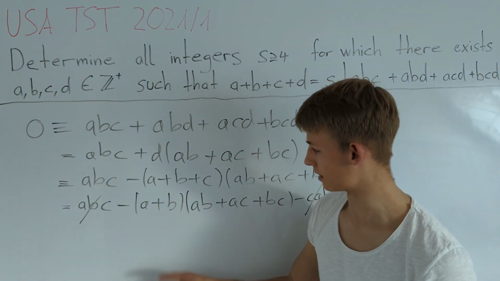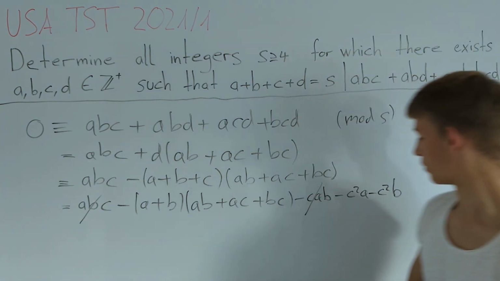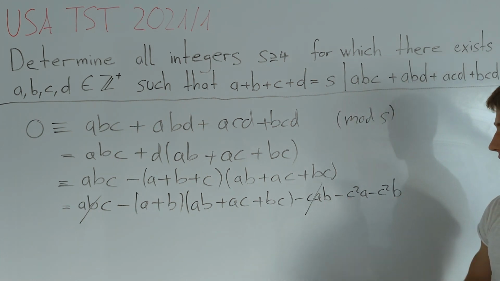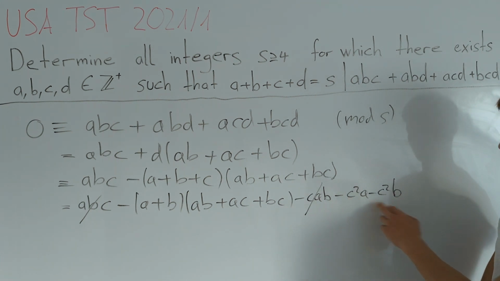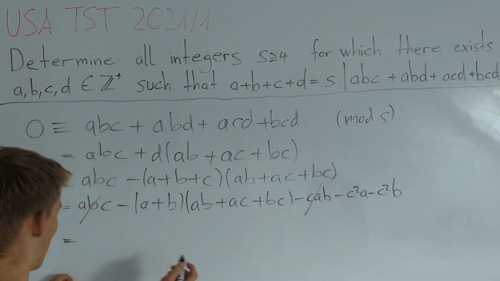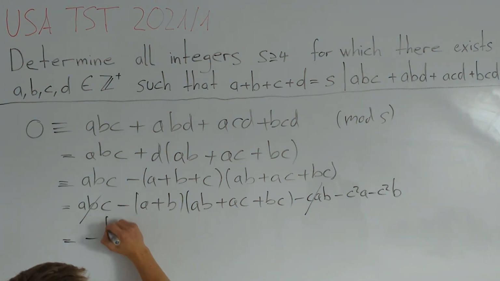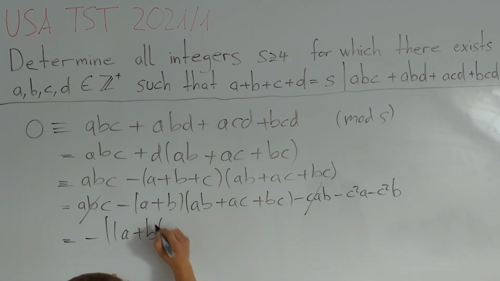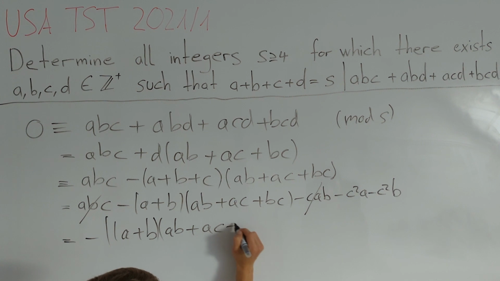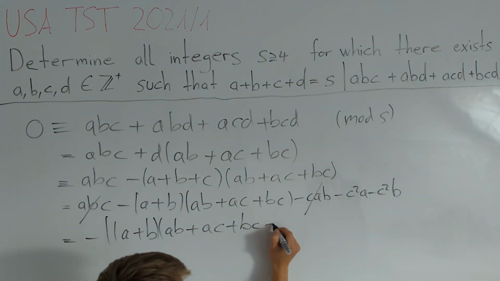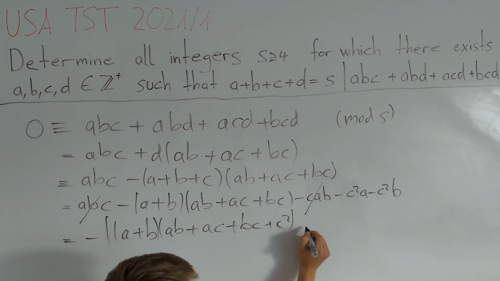Moreover, we see that here we have an a plus b term, and we also have a times c squared and b times c squared here, and therefore we can factor out this a plus b and get that this is equal to, I write down the minus sign in front of all of this, (a plus b) times (ab plus ac plus bc, and now we have also the plus c squared in front of this).